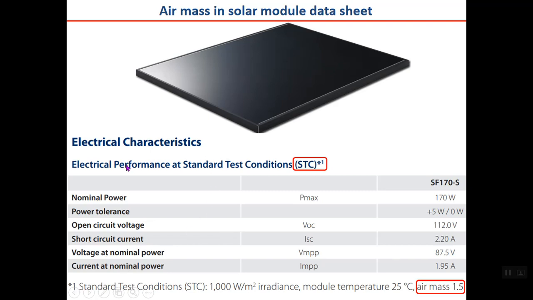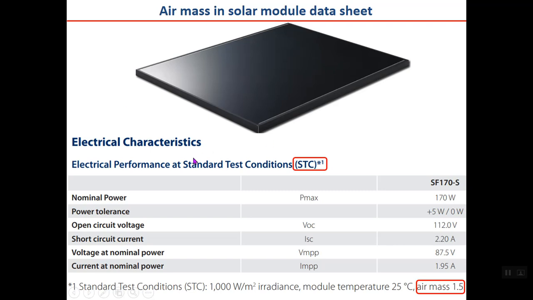But the important point here is that whenever a solar module is tested, the test conditions are standard test conditions. So it's not possible for any manufacturer to test his or her panel at any desired condition.